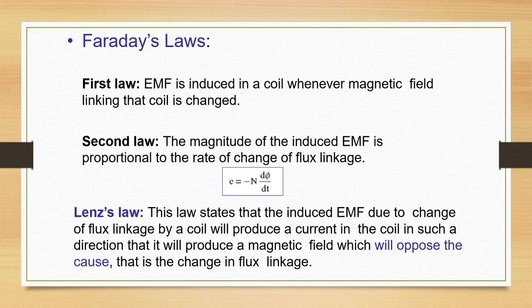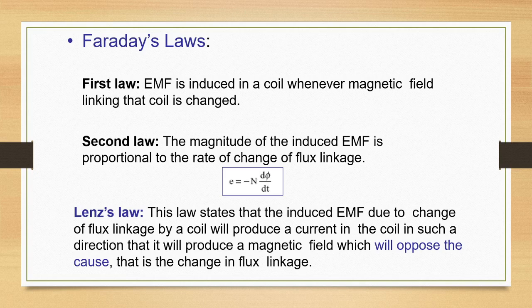So again, the statically induced EMF is of two types, self-induced and mutually induced EMF. Self-induced EMF is one in which if a coil is connected to an alternating voltage, current will be produced, which is alternating. Flux is also alternating type. So this alternating flux is linking with the coil, EMF will be induced in it. That is self-induced EMF.